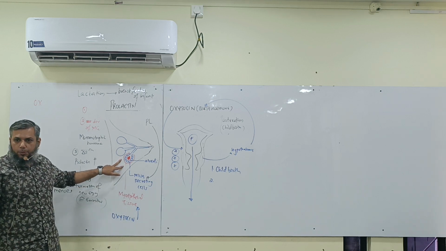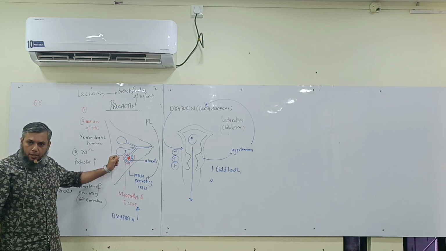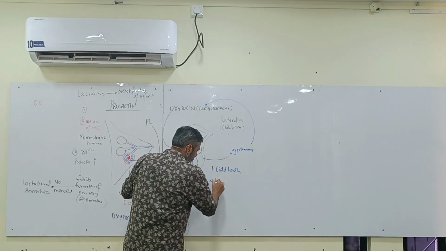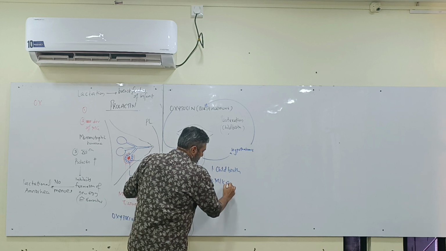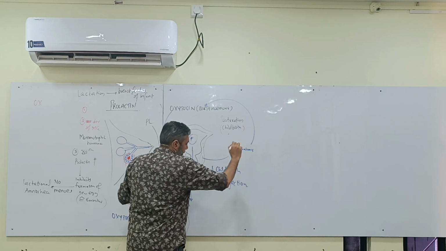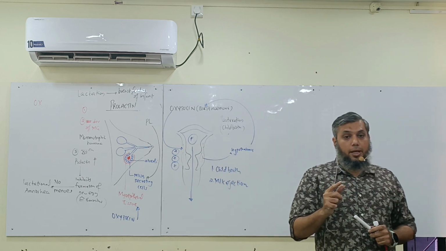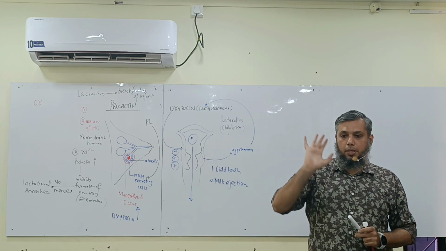So what will happen to the myoepithelial cells? They contract, and the milk will be ejected out. So the function of oxytocin is ejection of milk. It helps to finally release the milk.